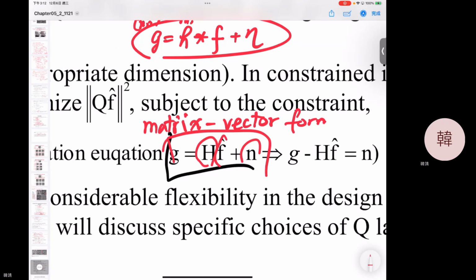But this signal makes it a vector for optimization.